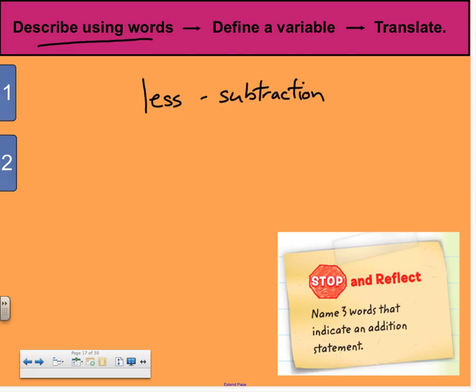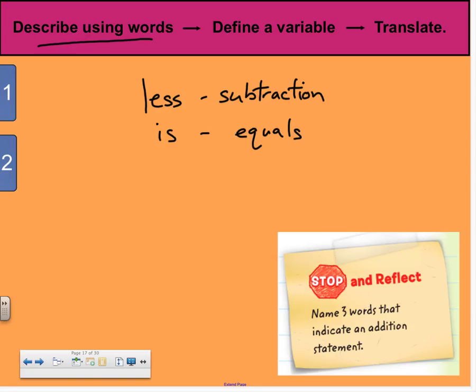They say the word is. 8 less than 3 times the number is negative 21. What do we think is going to be represented by is in an equation? The equals. Very good, Lauren. So is and equals are the same thing.